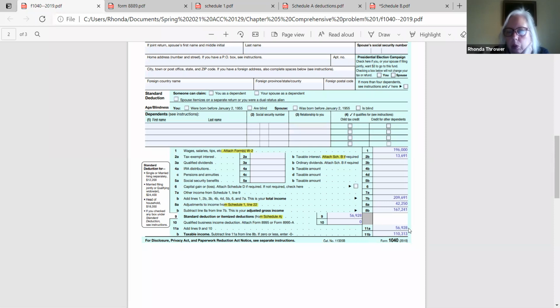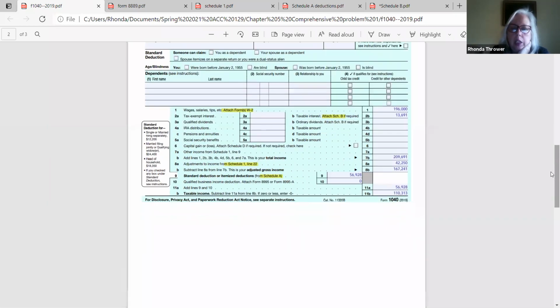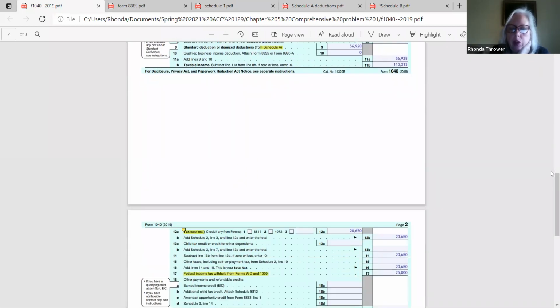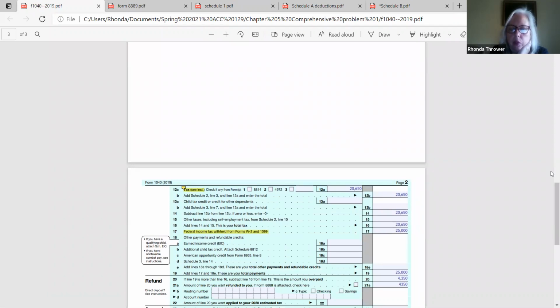So we're going to subtract 56,928 from line 8B to get 11B. This is our taxable income, 110,313.